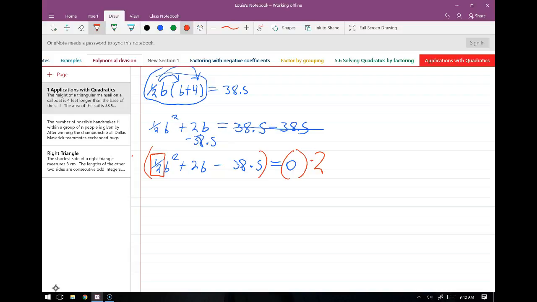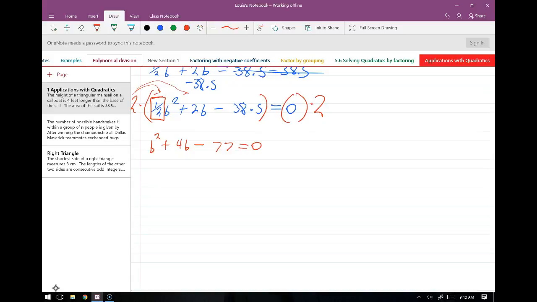Both sides of the equation, each and every term, right? And so this 2 is going to distribute in, and 2 times 0 is still just 0. So our resulting polynomial is b squared plus 4b minus 77, and that equals 0.